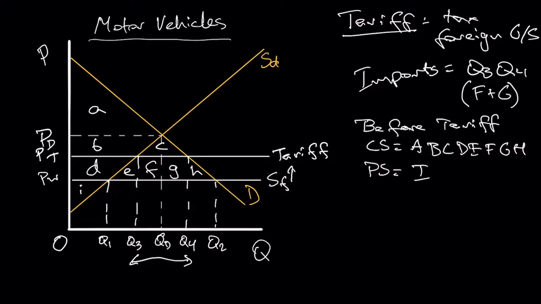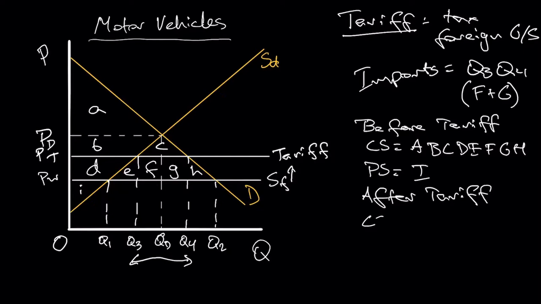Now, what's changed since the tariff has been introduced? After the tariff, we've seen a price increase which has reduced consumption and increased production. So naturally, we're going to assume that consumer surplus is going to decrease and producer surplus is going to increase.